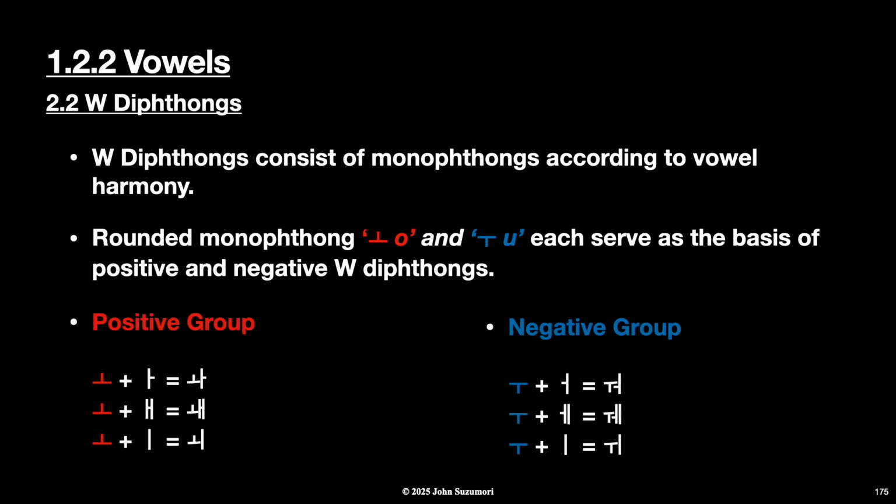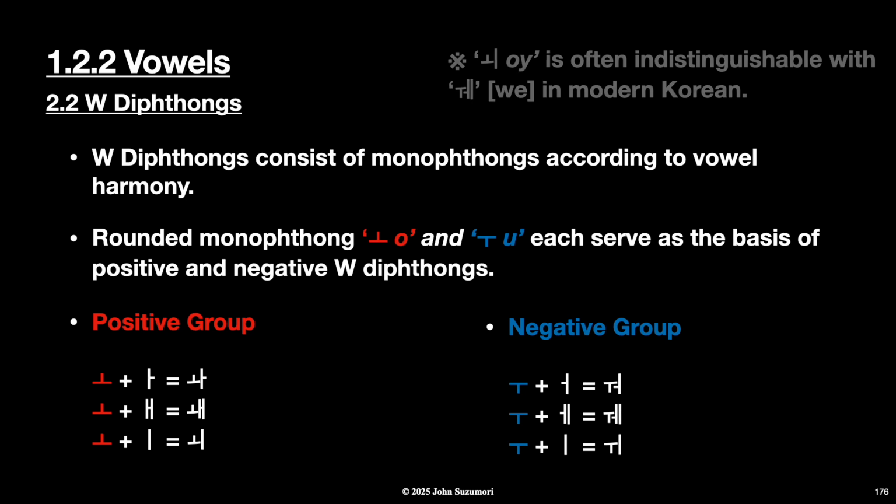Specifically, three positive W-Diphthongs are based on the positive monophthong o, and three other negative W-Diphthongs are based on the negative monophthong u. Note that the pronunciation of we is often indistinguishable with we in modern Korean.